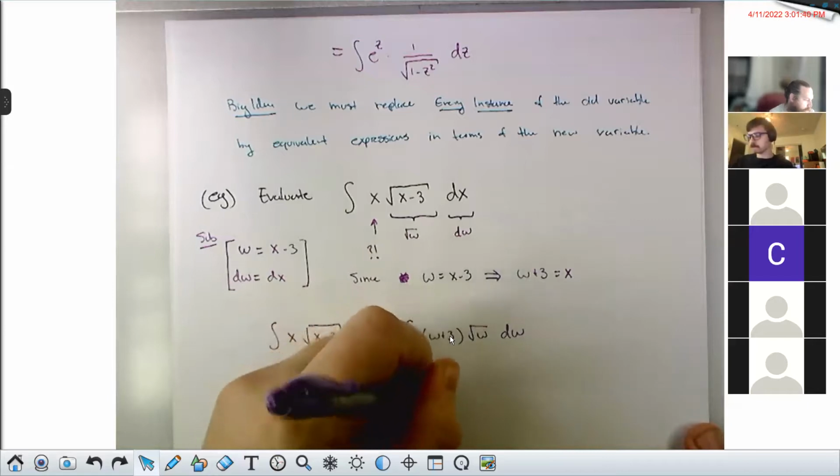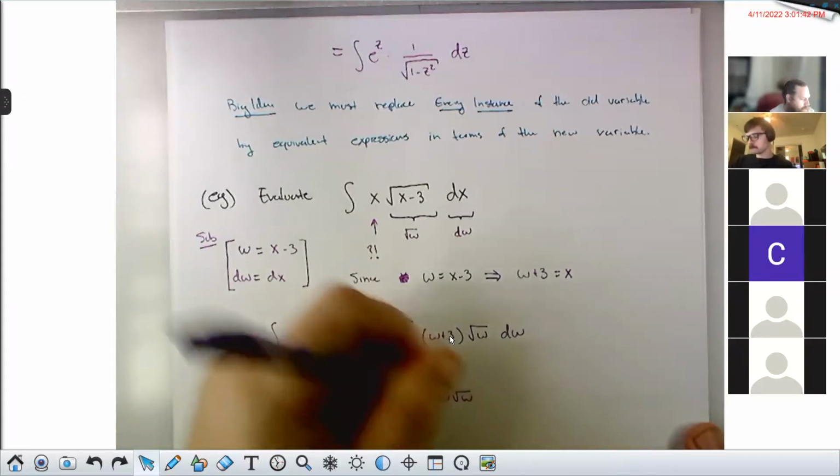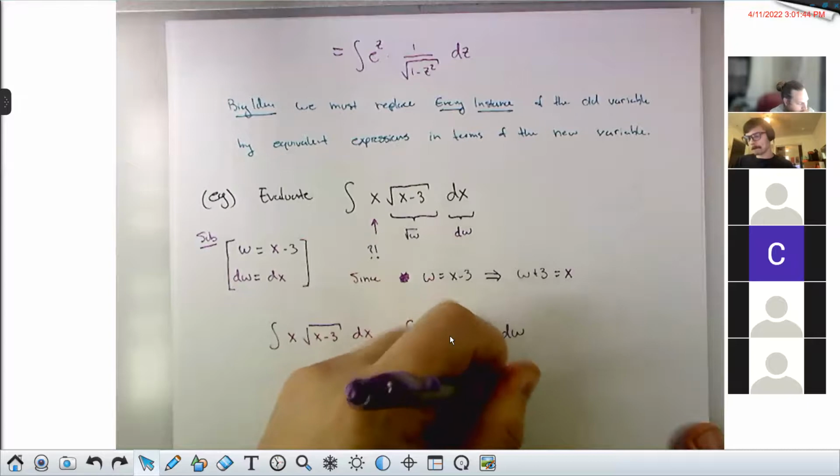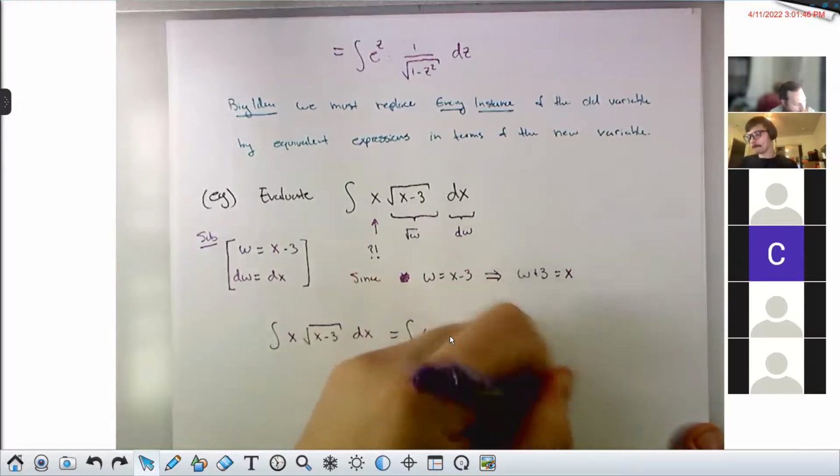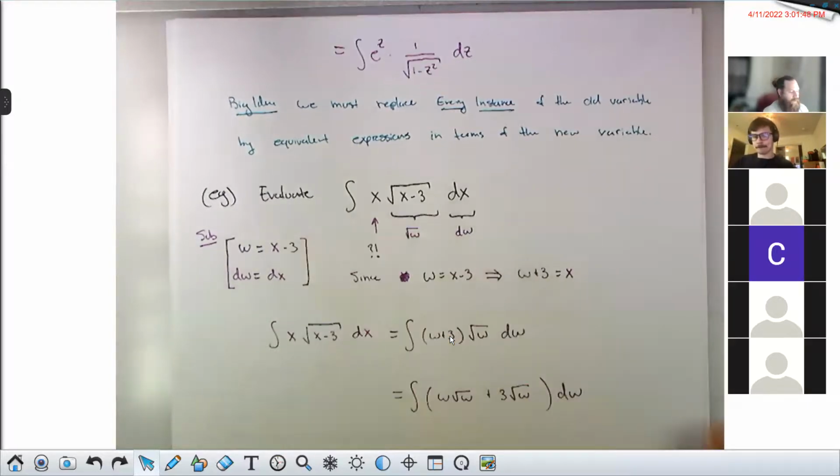This is the integral of (w root w plus 3 root w) dw. And remember, anytime your integrand is split up into multiple pieces with addition or subtraction, you need to put the whole thing in parentheses, because this differential acts on the whole thing. So just good notation. It might not look like it, but this is a power rule integral.